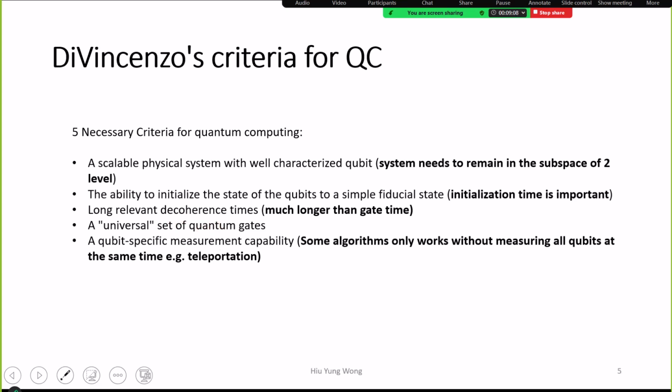We talk about universal set of gates. We can have a single qubit gate. Do you remember what else we need in order to build a universal set of quantum gates besides a few arbitrary single qubit gates, Hadamard gates, T gates, phase gates? What else do we need? The C-naught gate, which is an entanglement gate.